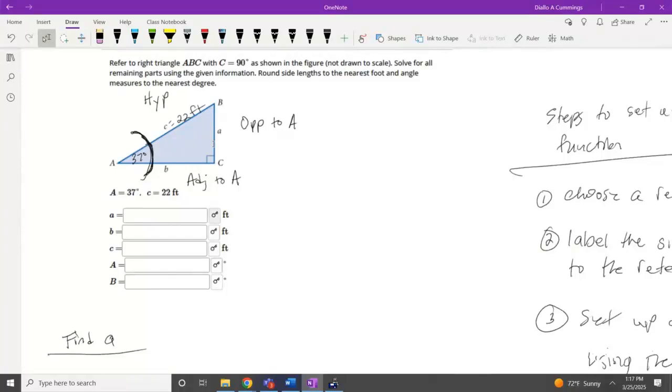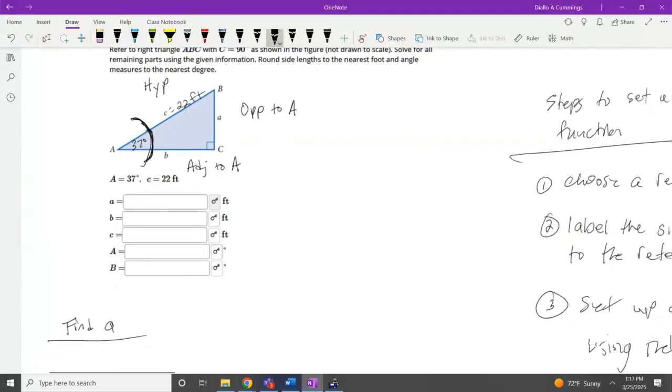Well, let's figure out what we're dealing with. If I look at side length A, side length A is actually the what? Opposite. Since I'm trying to find A, I have to use a trig function that has the opposite in it.